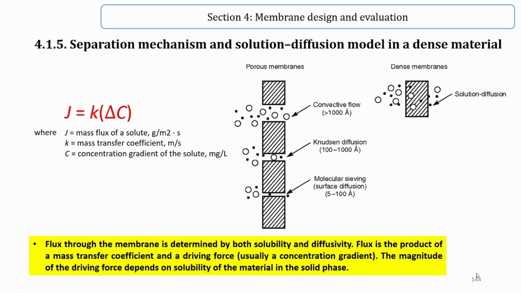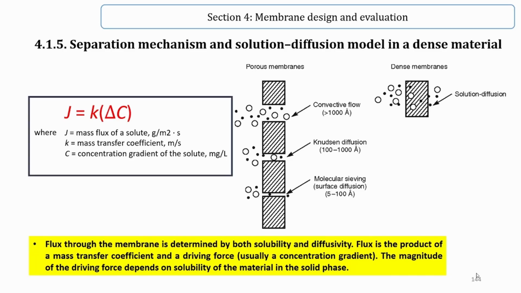When a concentration gradient is present between two phases in contact with each other or between two locations within a single phase, matter will flow from the region of higher concentration to the region of lower concentration at a rate that is proportional to the difference between the two concentrations. In other words, the driving force for solute flux is the difference in concentration, and the flux of solute through a reverse osmosis membrane is expressed by the following equation.